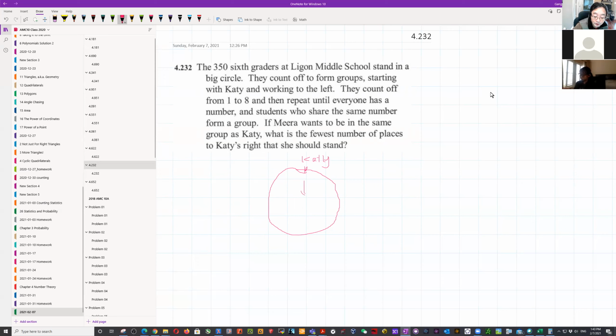If they are facing the center, working left means that actually it will work to the right, something like this. They count off 1 to 8, then repeat until everyone has a number. Students who share the same number form a group.